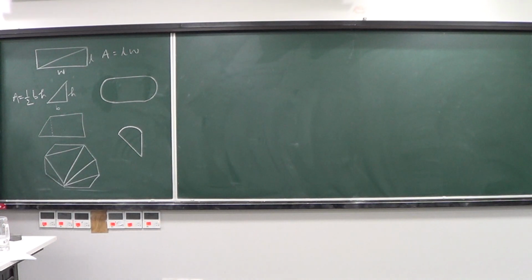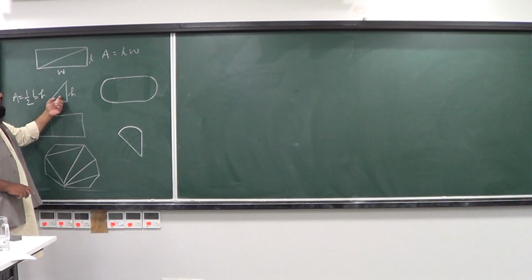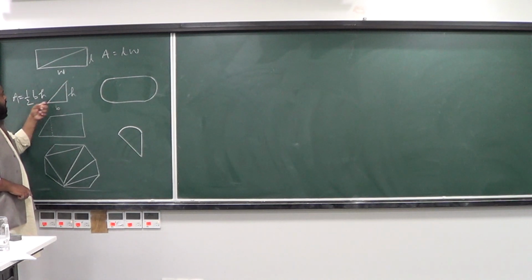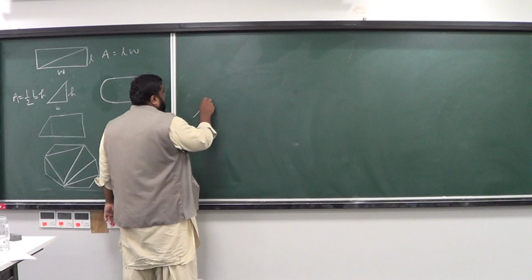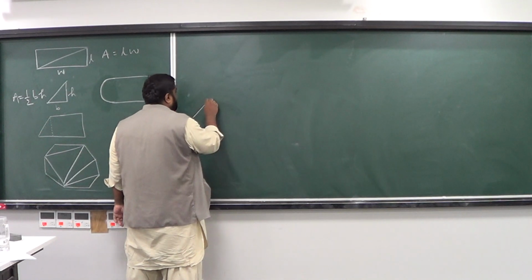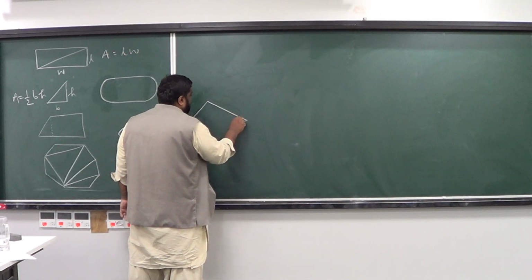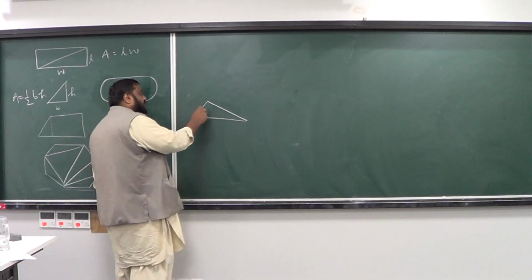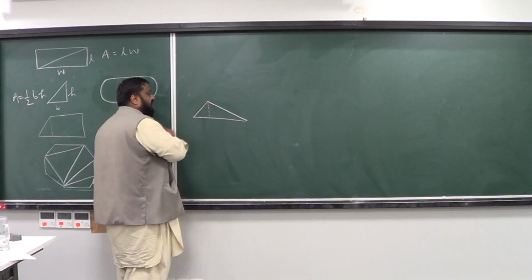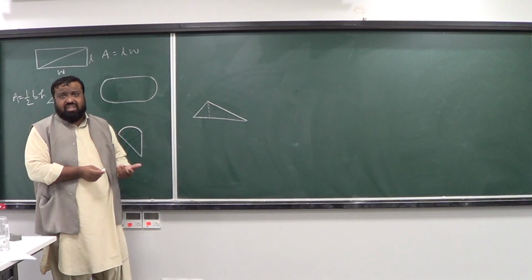You might be thinking that we know the formula for the area of a right angle triangle, but what if a triangle looks like this, which is not really a right angle triangle? Again, you can split such triangles into two right angle triangles.